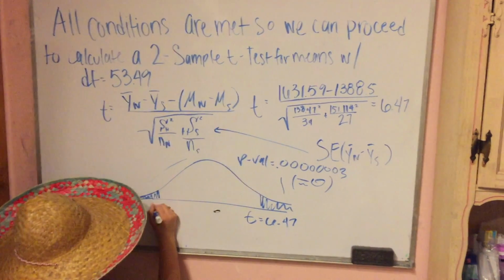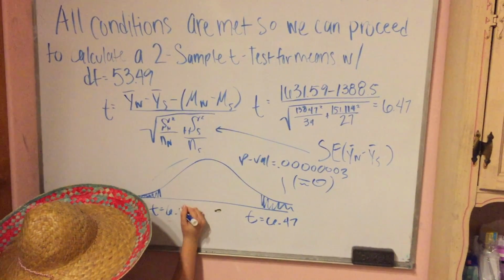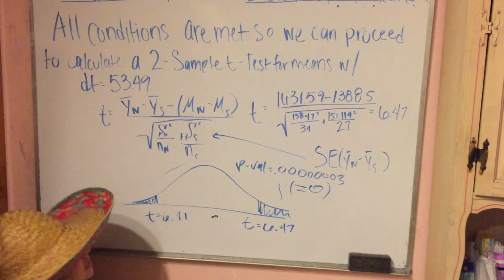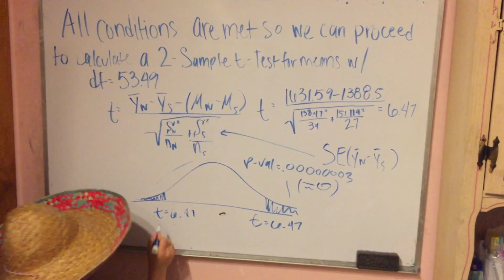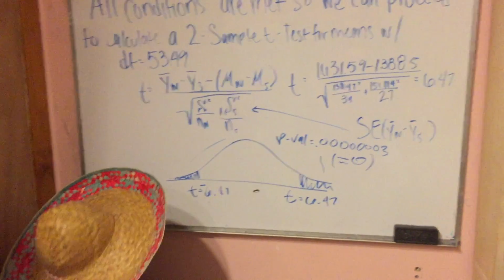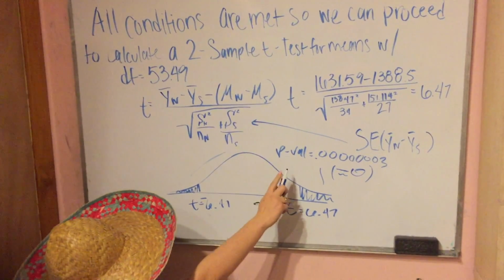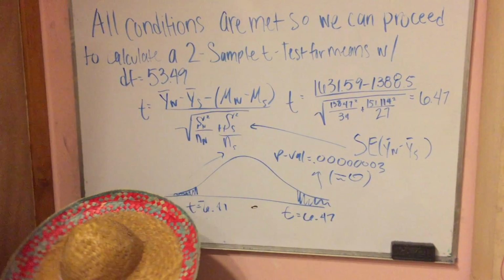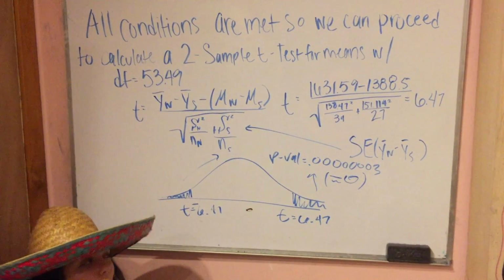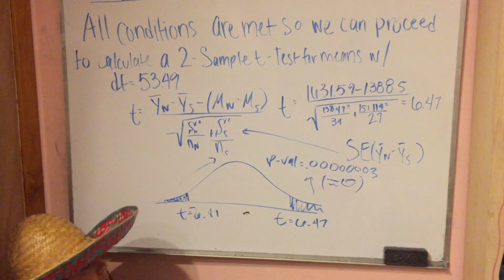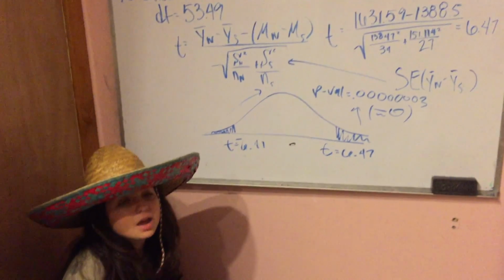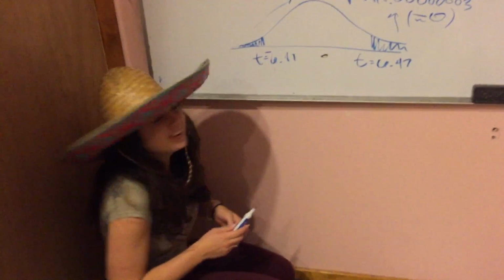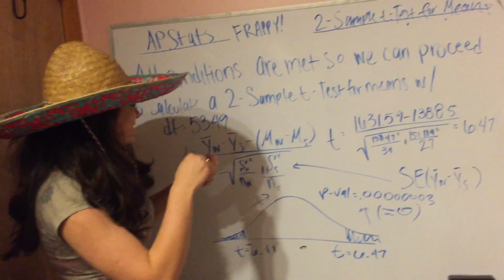So this one is equal to 6.47 as well, but what's the difference? It's negative. Don't forget that negative sign. And then you put your p-value and 2 little arrows towards it, which is equal to 0.000000003, approximately 0. This is really interesting stuff.